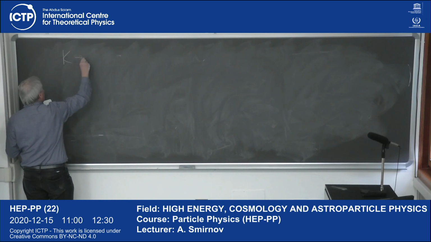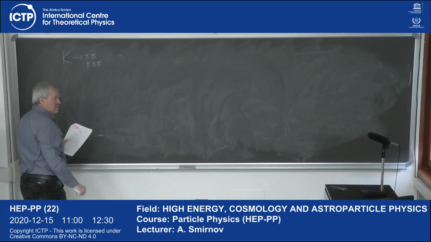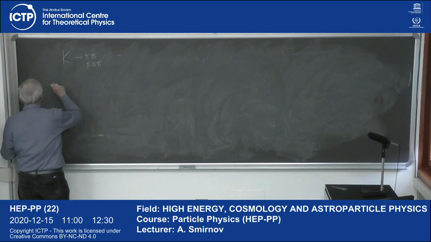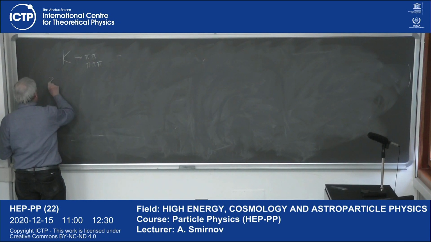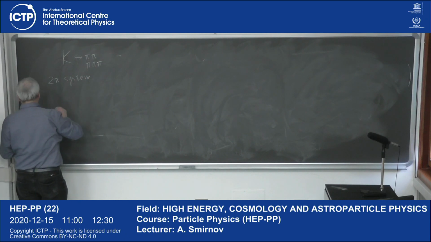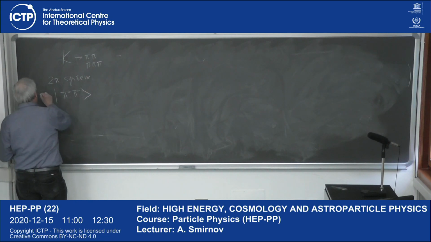K in general can decay into 2 pions and can decay into 3 pions. So let us explore the properties of the 2 pion system. So first let's take 2 pi zeros. Pi 0, pi 0. So what is the CP property of this combination?